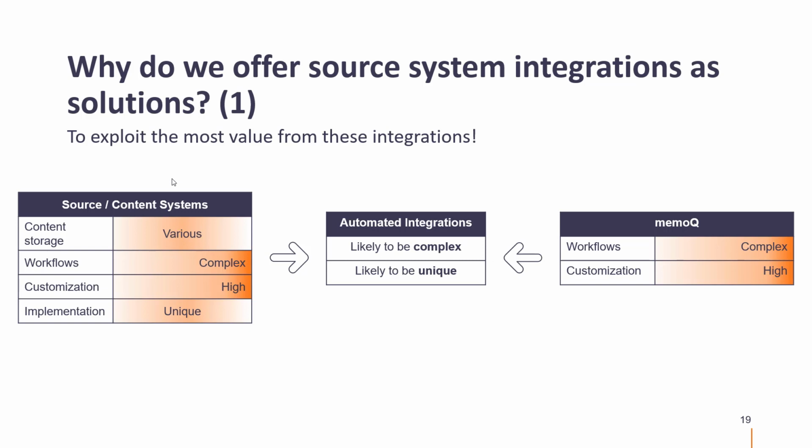The workflows around creating and managing this content in the source systems can be complex, and most probably they are also highly customized systems per se. Also, most of the software in this field is uniquely implemented. Many of these systems can be twisted, can be altered. Custom developments can modify their functionalities. Different modules can reconfigure each implementation.